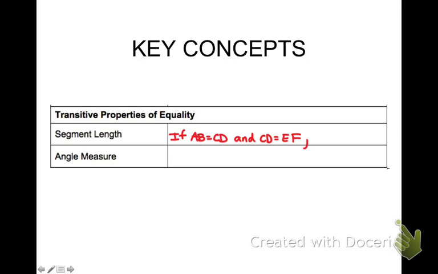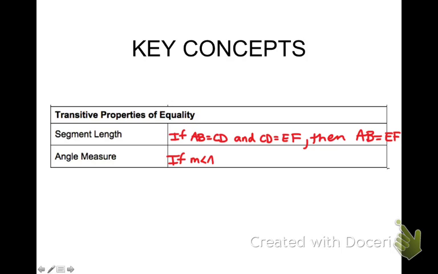So then AB is equal to EF. So what's the link? The link was CD and CD. Just like in the law of syllogism, you take out the part that they have in common, what are you left with? The beginning and the end. Okay, so then the same thing applies for angles.